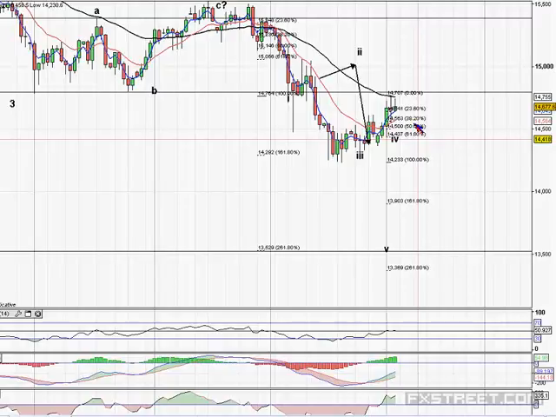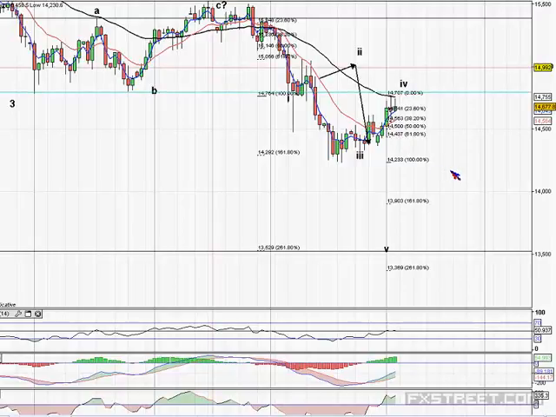Then a push back up. So this is basically, okay, 4. So 1, 2, 3, 4, and then down to 5 with sub waves coming in here.